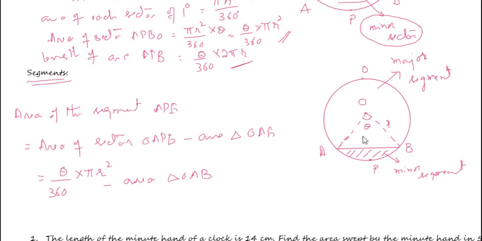We can find out the area of this triangle OAB in multiple ways. We know how to find the area of a triangle. Find the area, subtract it from the area of the sector, and you get the area of the segment. This is how you calculate the area of a sector, area of a segment, and also arc length.